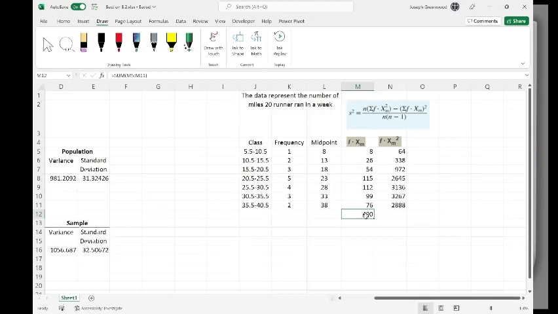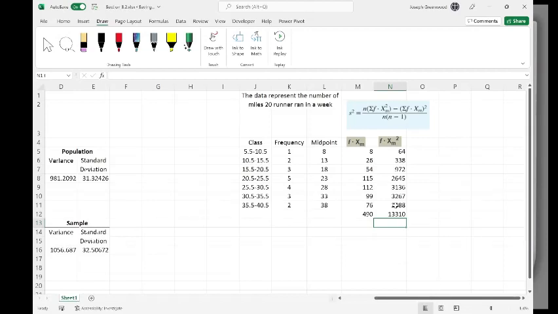So it's going to take and add up M5 through M11, and that equals 490. So I'm going to do the same thing here. This equals the sum of, I'm going to highlight all of those values. Close parenthesis, hit Enter. Great, I found the sums of each of those. Wonderful.